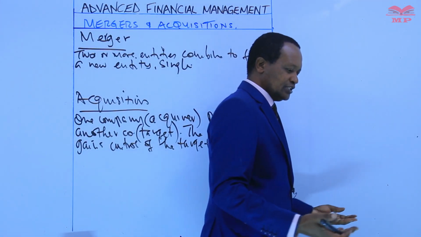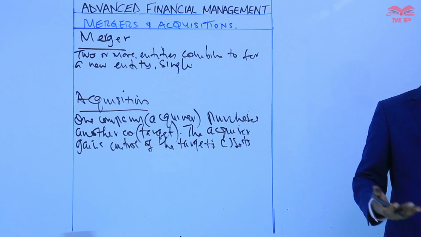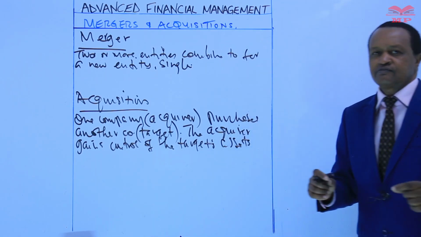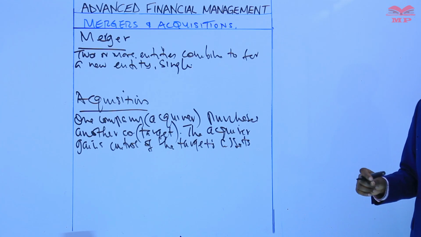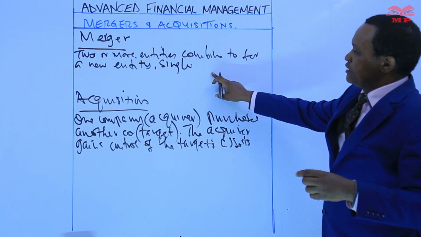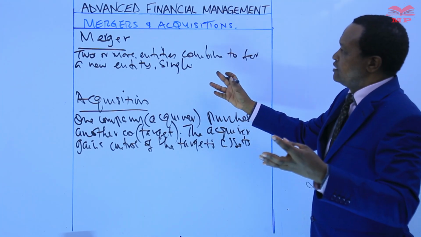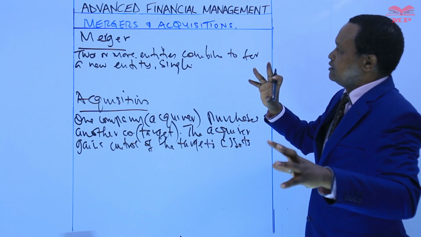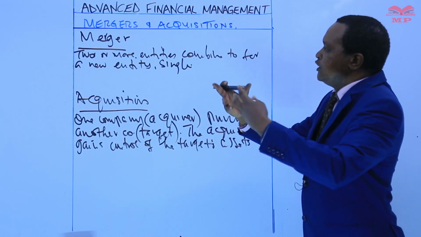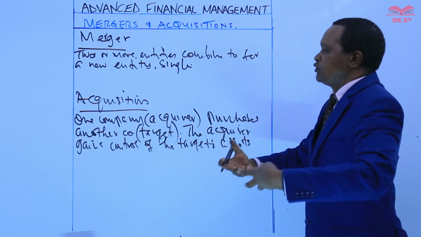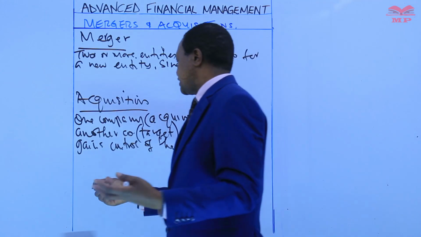So it may cease to exist, or it may still exist but be controlled by the acquirer. You understand? So in a merger, the companies that are combining lose their individual entities, and a new single entity comes into existence.